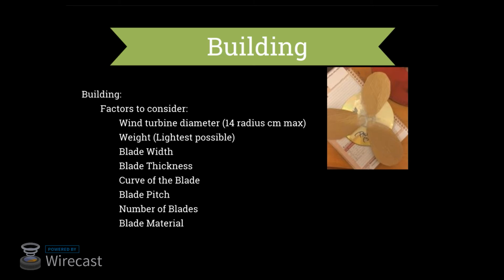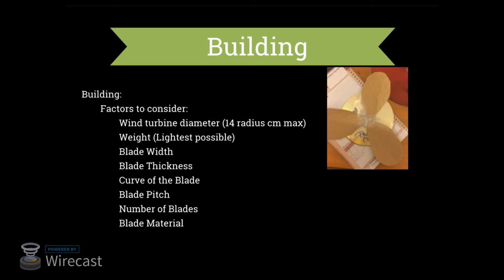Also, you want to consider the blade width and thickness. Like I mentioned before, you want to have it thick enough to withstand the force applied to the blades, so that the blades do not bend, but also making sure that it's thin and light enough to spin at a very high speed.